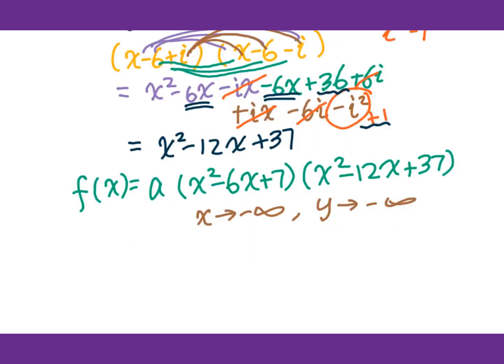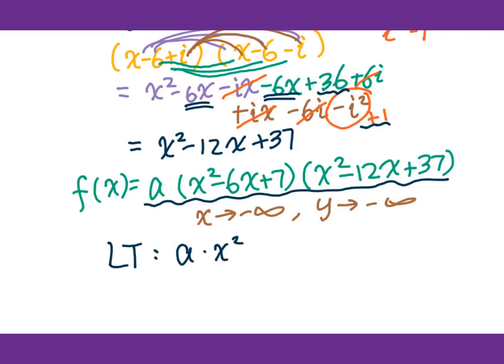As we know, the leading term determines the end behavior for this polynomial function. Leading term, that is a times x squared times x squared. You will get ax to the 4th power.